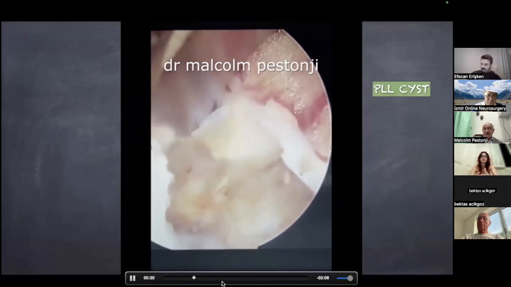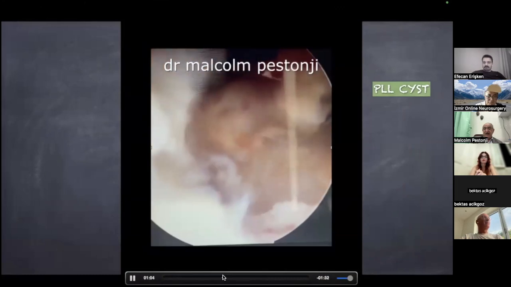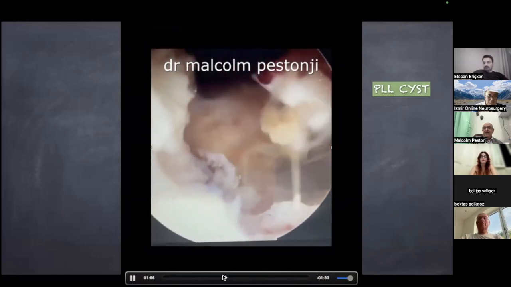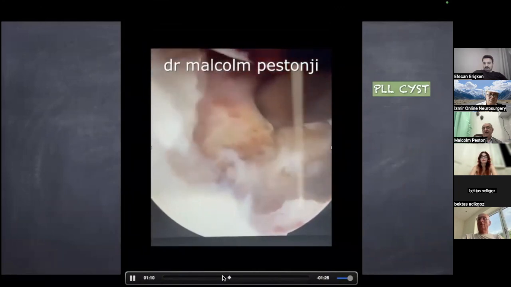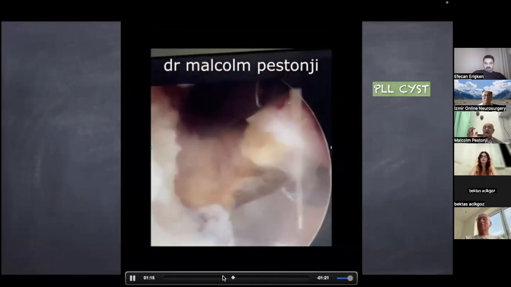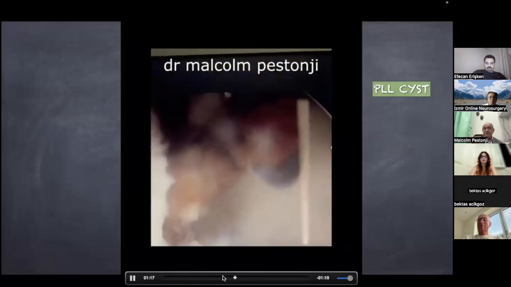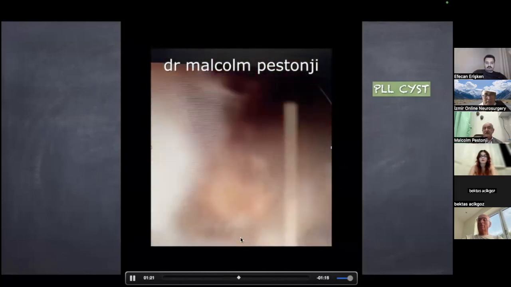It's a huge mass. When I try to grab and tear it out, it breaks. It literally breaks, and there are whirls of clot in it. See how it breaks. I thought I'd be able to grab it and pull it out in one piece. It didn't happen. You can see the dural edge over there. And you can see how this tissue looks.